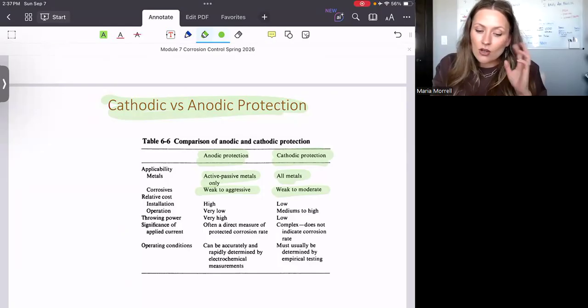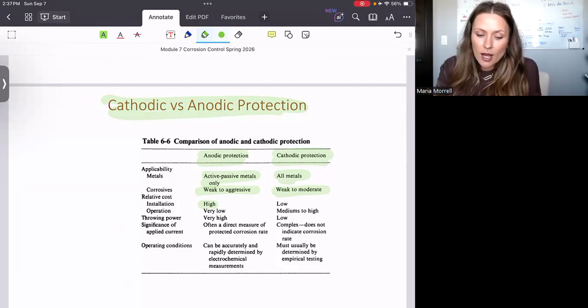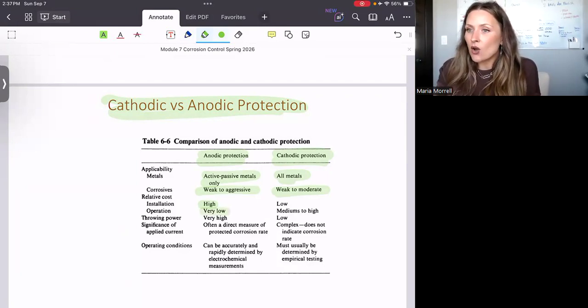Now, the relative cost, installation and operation. With anodic protection, the cost of installation is very high because we would need to do the measurements and things like that. But then the operation is very low because if you think about it, nothing gets consumed. You just need to make sure that the potentiostat is always in working order.